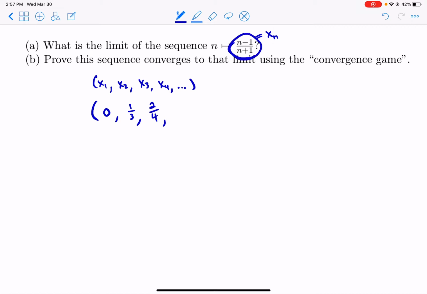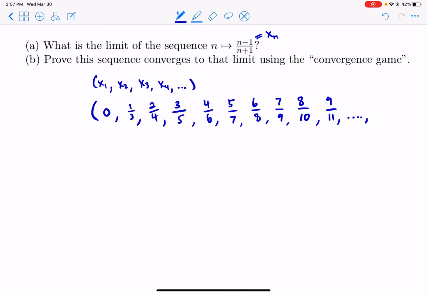What's x4? 4 minus 1 is 3, 4 plus 1 is 5. What's x5? 5 minus 1 is 4, over 6. I think we can see how it goes now. 5 sevenths, 6 eighths, 7 ninths, 8 tenths, 9 elevenths.